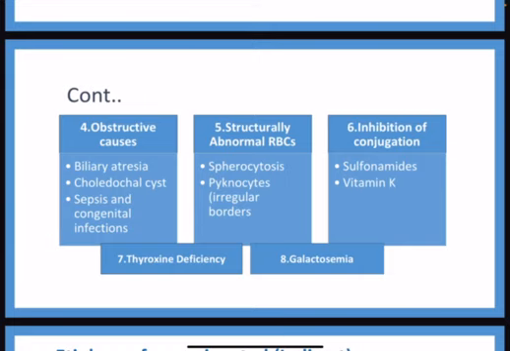Some medications can inhibit the conjugation of bilirubin, like vitamin A in toxic or increased levels, and sulfonamides. Other inborn errors of metabolism as well can cause pathological jaundice, like what we see in galactosemia, and usually it is direct hyperbilirubinemia. Thyroxine deficiency, well, if you read books, you will find that thyroid disorders can cause both, so it's sometimes mentioned as a cause of direct, sometimes as a cause of indirect bilirubinemia.